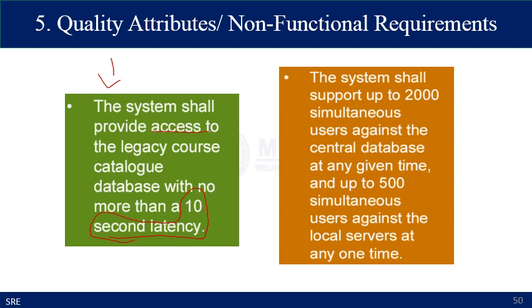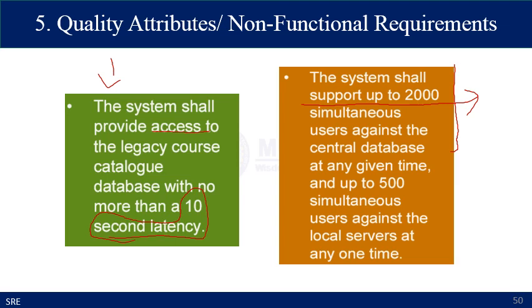The second example states that your system shall support up to 2000 simultaneous users against the central database at any given time. So again, it is the requirement of support of users or availability to 2000 simultaneous users.